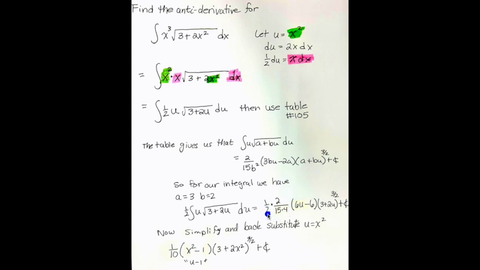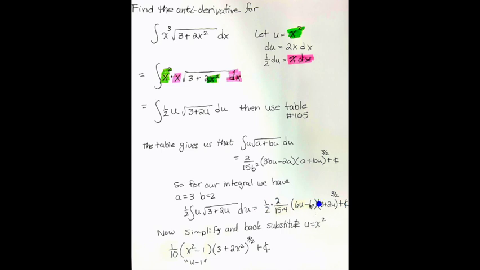So I get 1/2 times 2 over 15 times, and that's b squared, so I wrote that down as 4 because that's 2 squared, times, and then 3 times b, that would be 6. So I have 6u minus, and 2 times a would be 6, times 3 plus 2u raised to the 3/2 plus our constant.